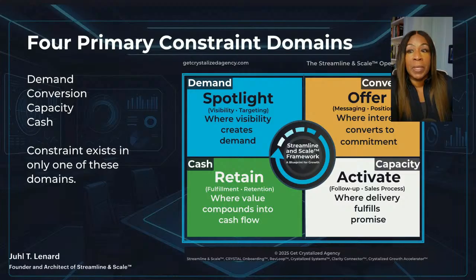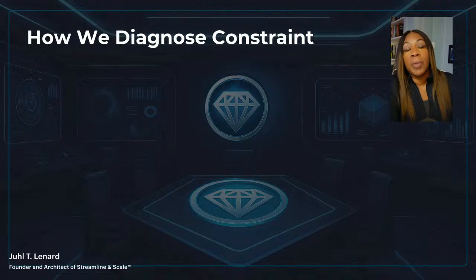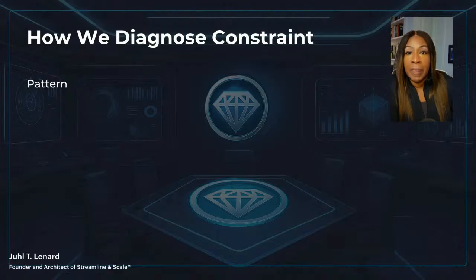A constraint exists in only one domain at a time. That one domain is called the primary domain. So how do we diagnose a constraint? The first thing we do is look for a pattern. If you're a service founder, things are a little bit harder to see.